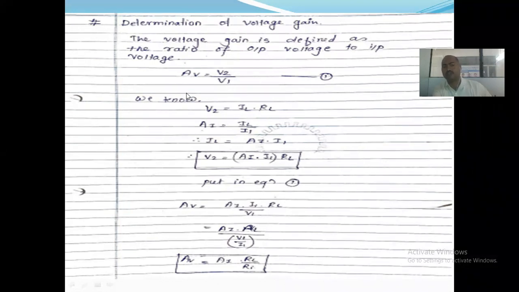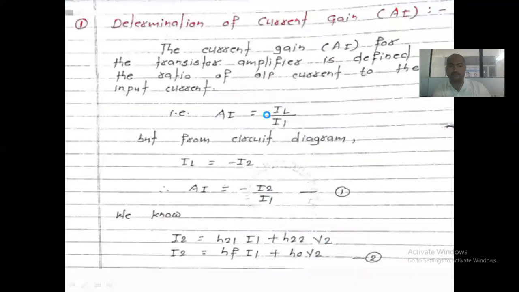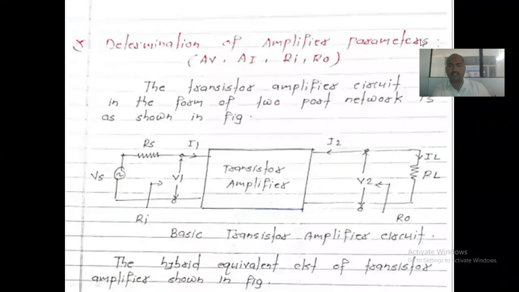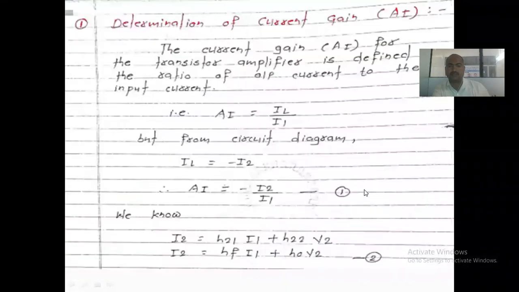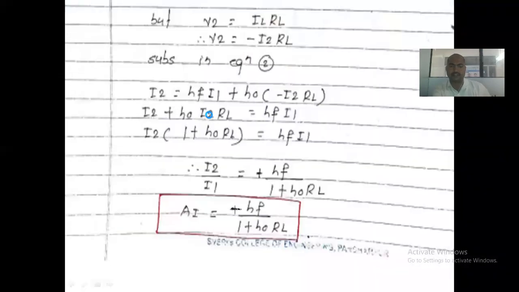One of the important things related to the output is that V2 equals IL into RL. How is it? I'll tell you. We have to calculate V2.